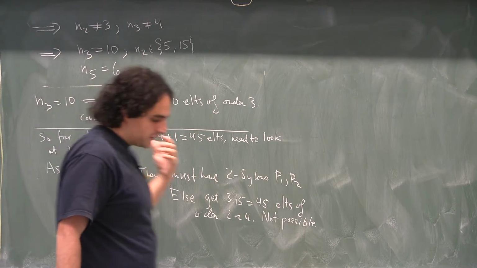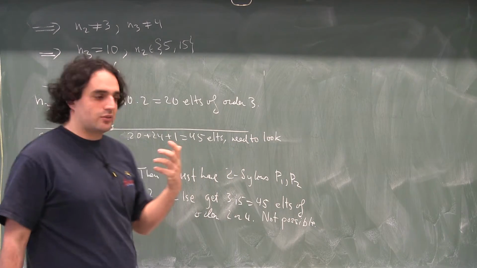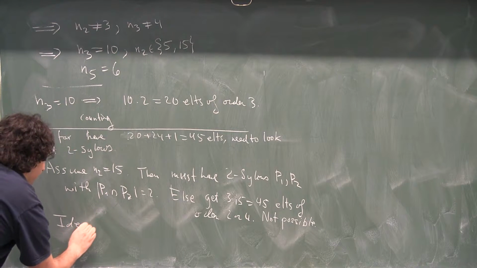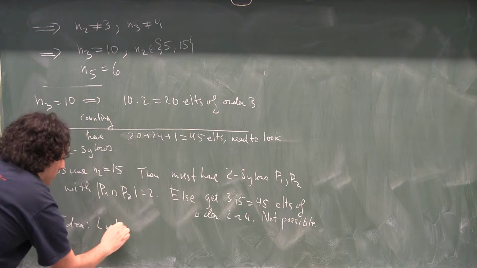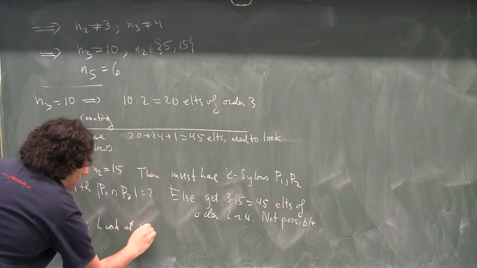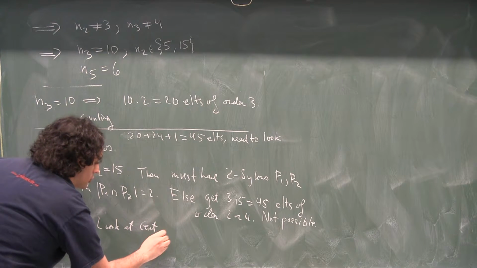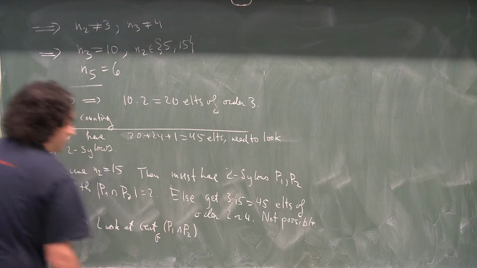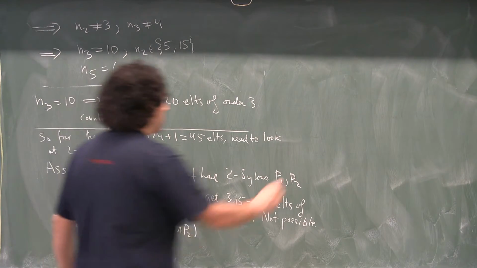Now we have this intersection. What do we do with this intersection? The idea is to look at the centralizer in G of this intersection. Why? Why is this a good thing to do?